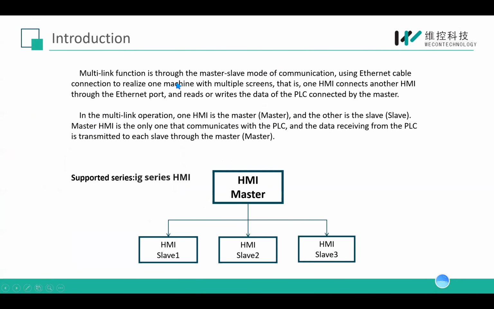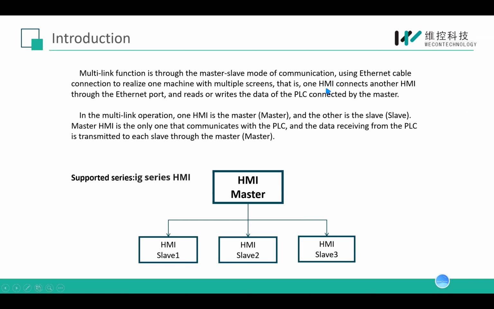Multi-link works through master and slave mode communication using the Ethernet cable, not other communication ways, to realize one machine with multiple screens.